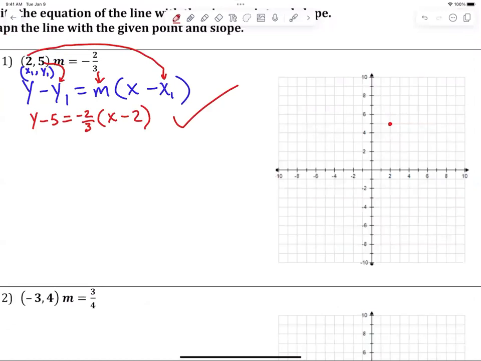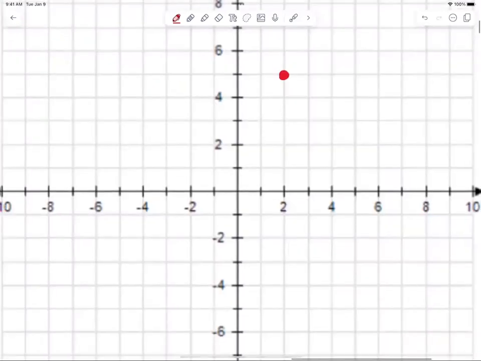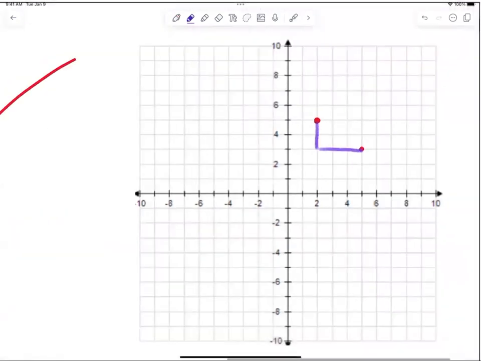So from that point, I go down 2 and to the right 3. So I went down 2 to the right 3, and now I have the equation of that line.